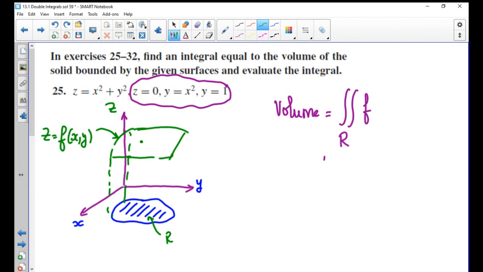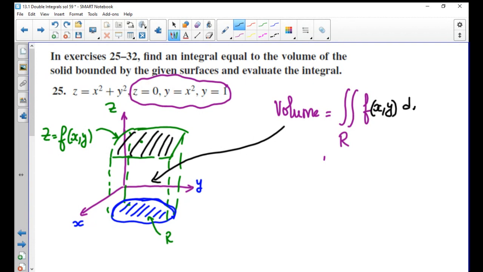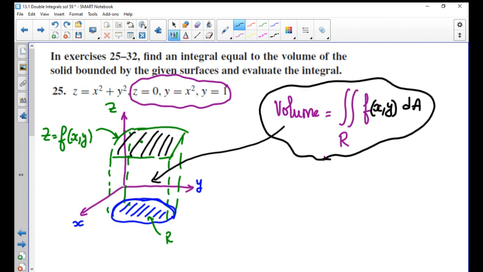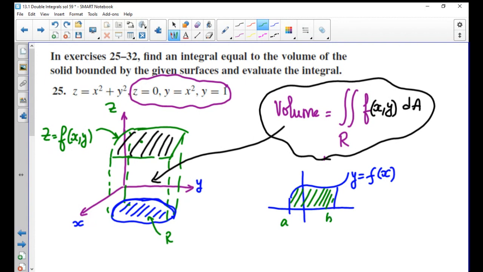Then you have this solid. The volume of this solid is the integral of the function f over the region R. This is very similar to, in one dimension, when you have a function y equal f of x, and you want to find the area under the curve from a to b.